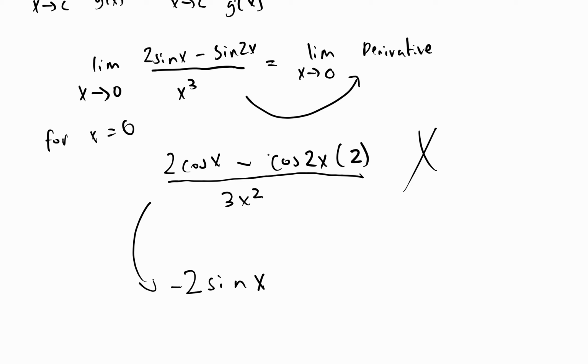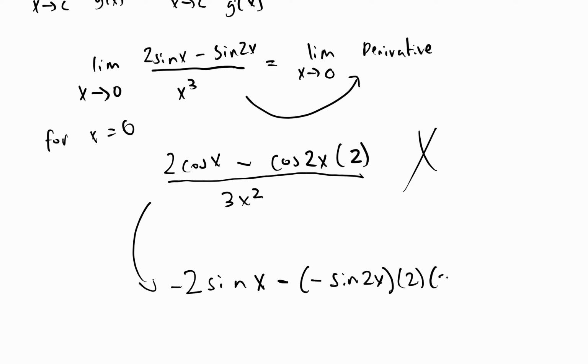And then I need to differentiate minus 2 cos 2x, which gives minus of minus sin 2x, times the constant 2, followed again by the chain rule.